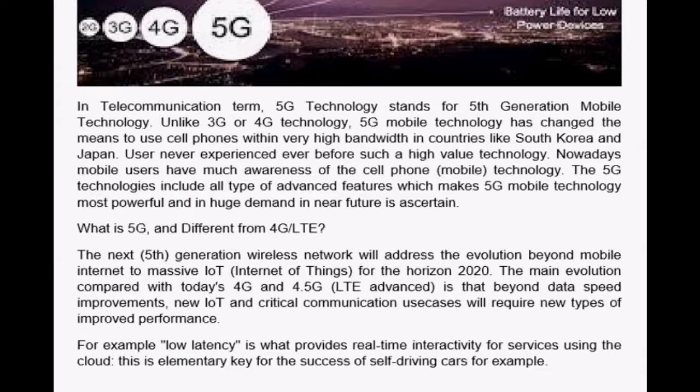The main evolution compared with today's 4G and 4.5G LTE Advanced is that beyond data speed improvements, new IoT and critical communication use cases will require new types of improved performance. For example, low latency is what provides real-time interactivity of services using cloud. This is an elementary key to the success of self-driving cars.